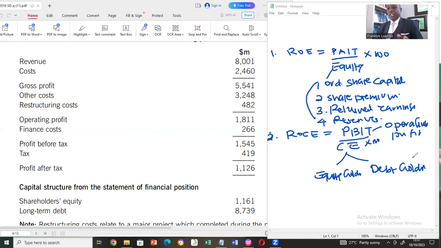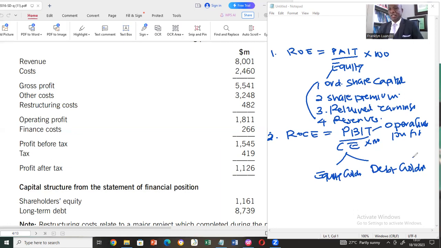So when the examiner says evaluate the use of different profits and different capitals in the calculation of return on investment, it simply means what do you use when calculating the return on equity? And what do you use when calculating the return on capital employed?